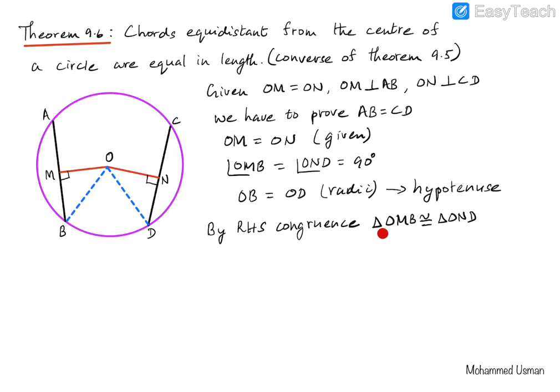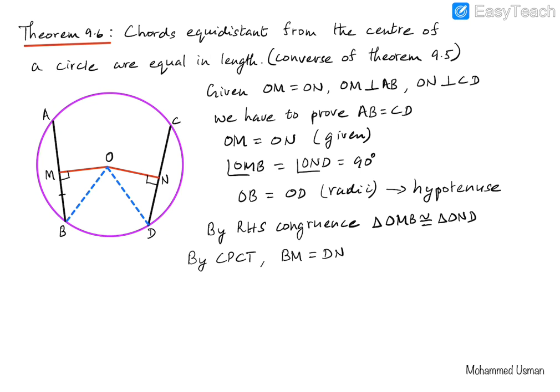Now that we have the two triangles OMB and OND congruent, we can apply CPCT to show that the side BM is equal to the side DN. So by CPCT we have BM equals DN.